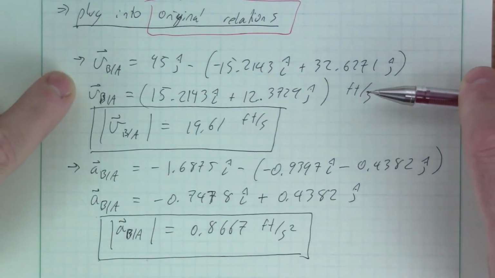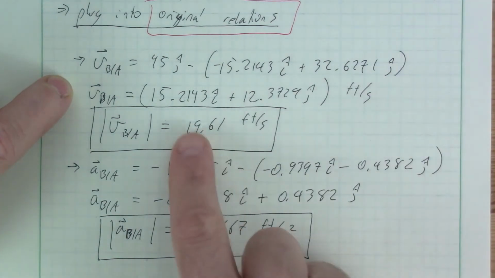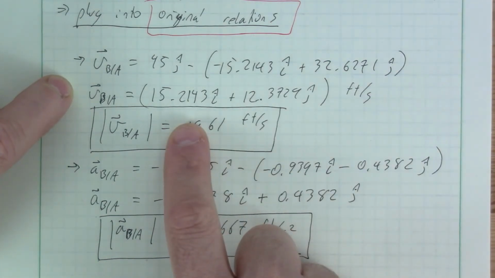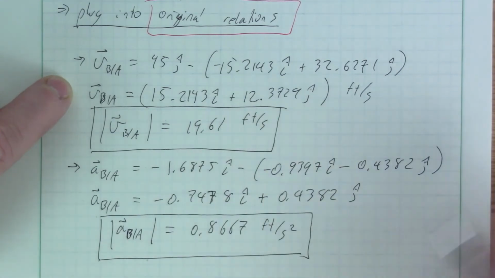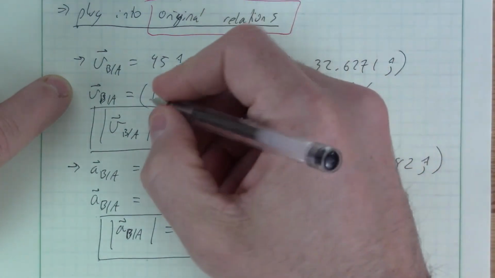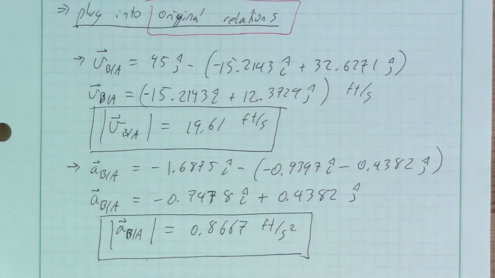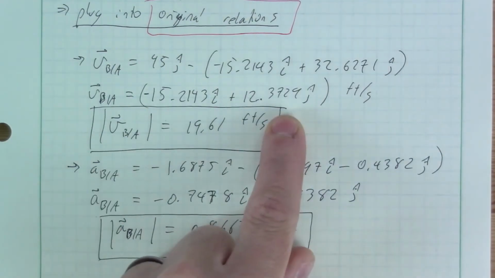This says that from A's perspective, B is moving in the i hat direction and the j hat direction. Okay, oh, that's negative. I was going to say that actually doesn't make any sense. Negative, and this one makes sense to be positive.